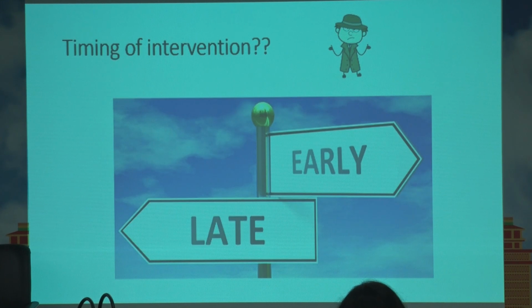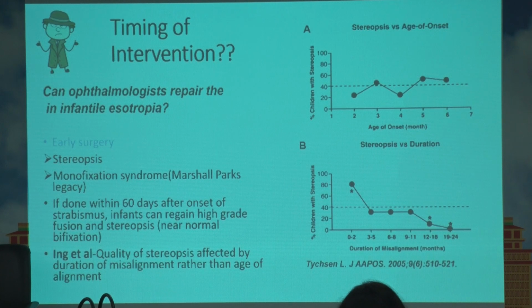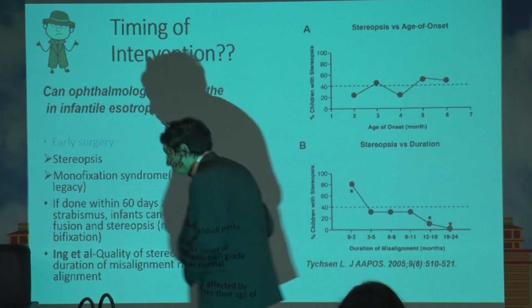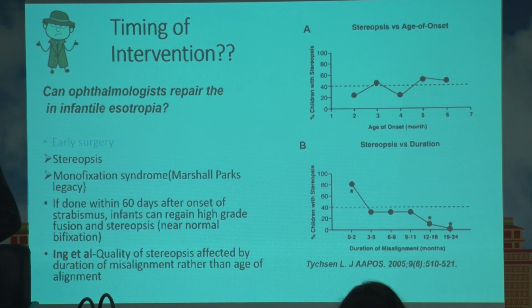The first thing which I'll be talking about is the timing of intervention, whether we should be intervening early or late. The school of thought from where all this started, whether early intervention should be done or not, was: as ophthalmologists, can we repair all those neurological developments which are delayed or which are not in a normal phase in patients with infantile esotropia?